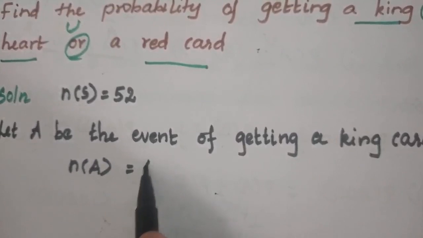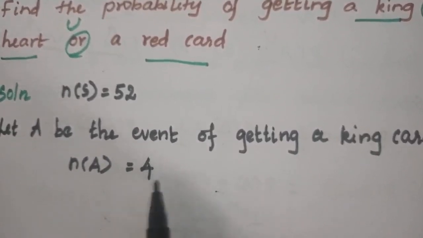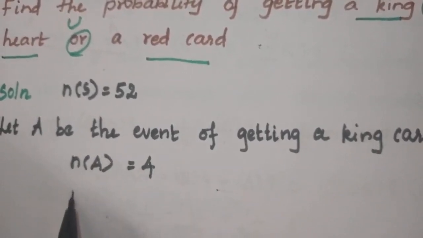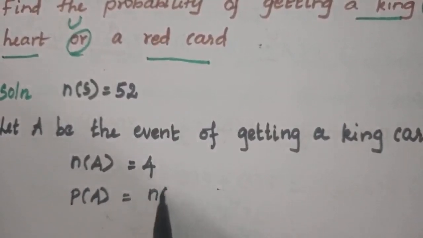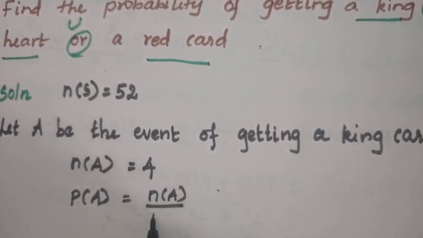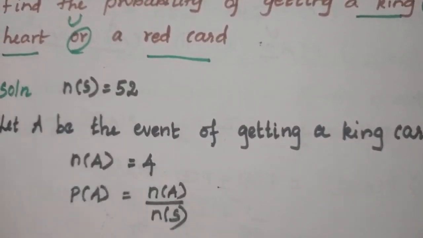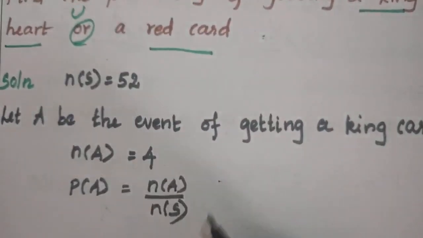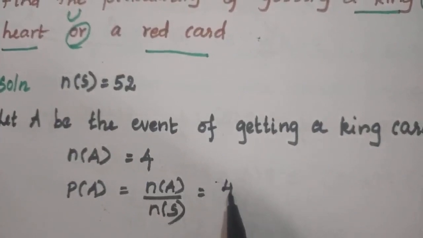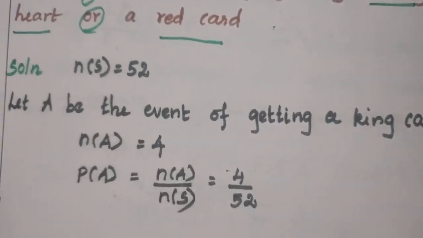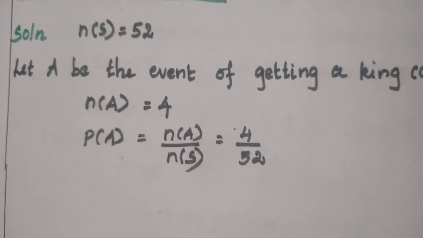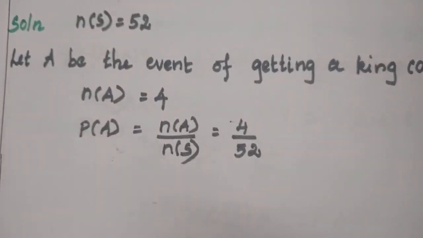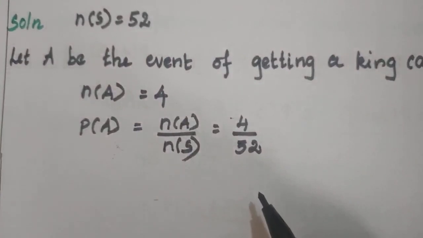Yes, that is obviously 4 cards. So N of A is 4. Now we have to find the value of P of A. What's the formula to find P of A? Which is N of A by N of S. Now we are going to substitute the values here, which is equal to 4 by 52. You need not simplify here because we are going to substitute in the formula at the last, so you keep it as such.